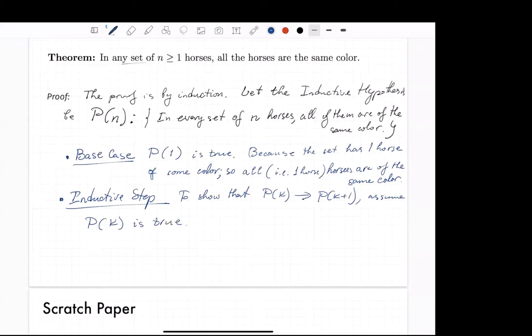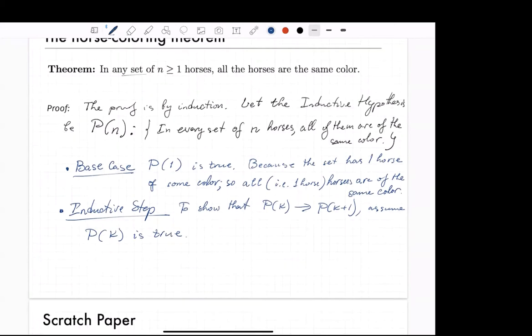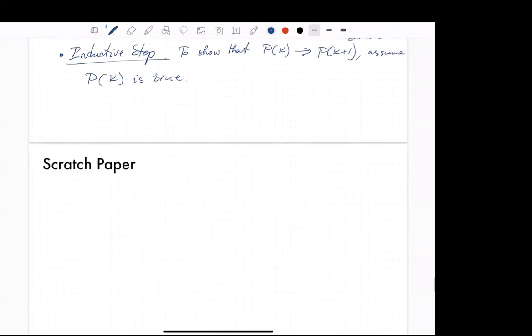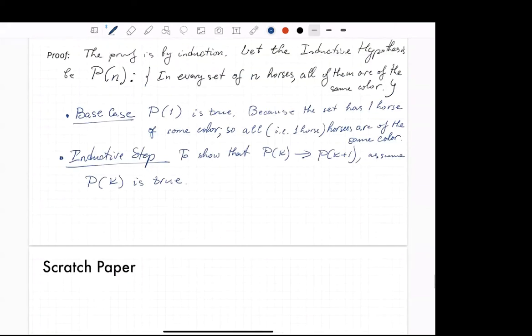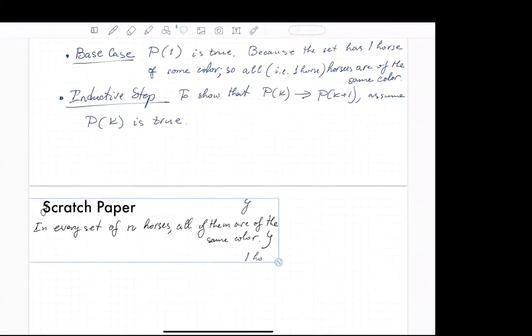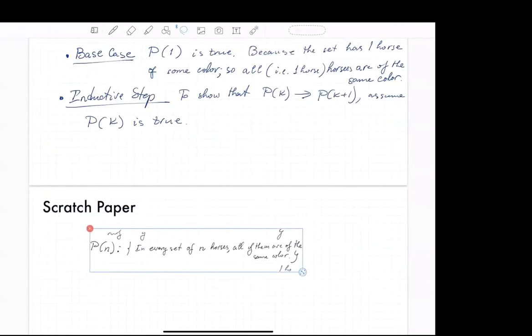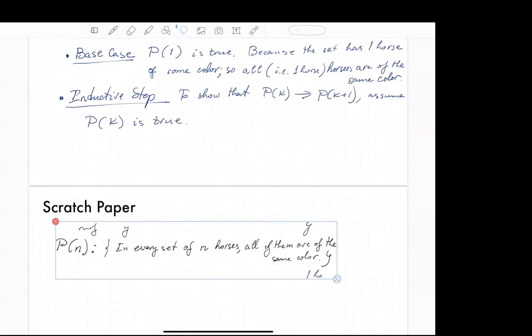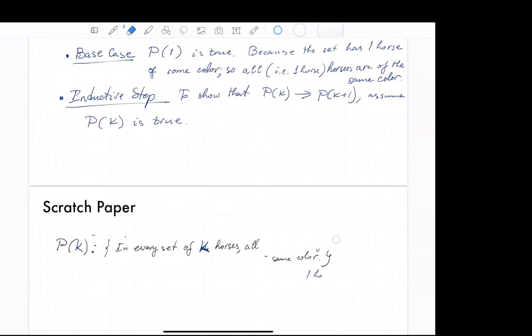First of all, what does that mean? P of K says, just to be sure, here's my inductive hypothesis: in every set of K horses, all K horses are of the same color.